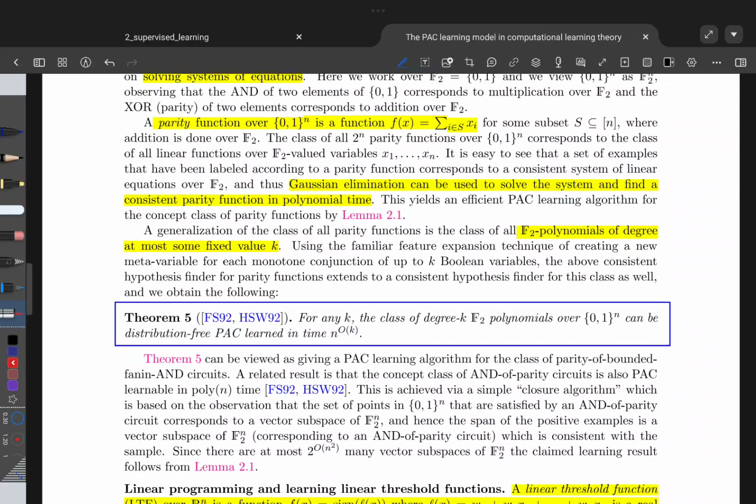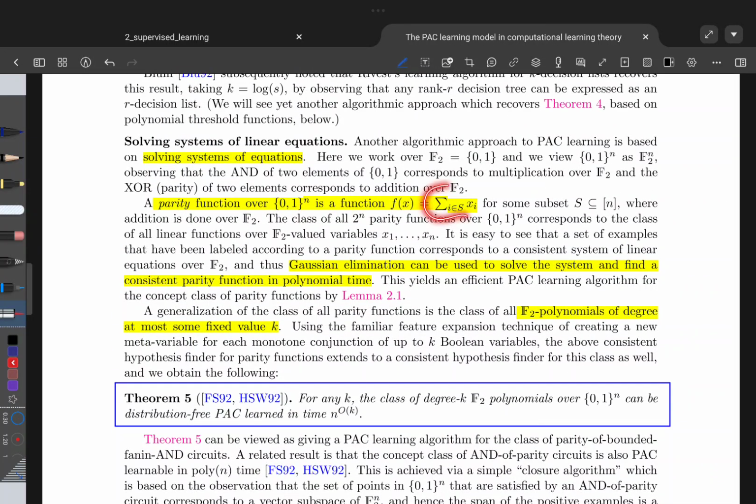And since you can do Gaussian elimination to recover the parity, you can use the same approach to also recover polynomials over the binary field. All right, because effectively a bunch of polynomial equations can be written as a bunch of linear equations.